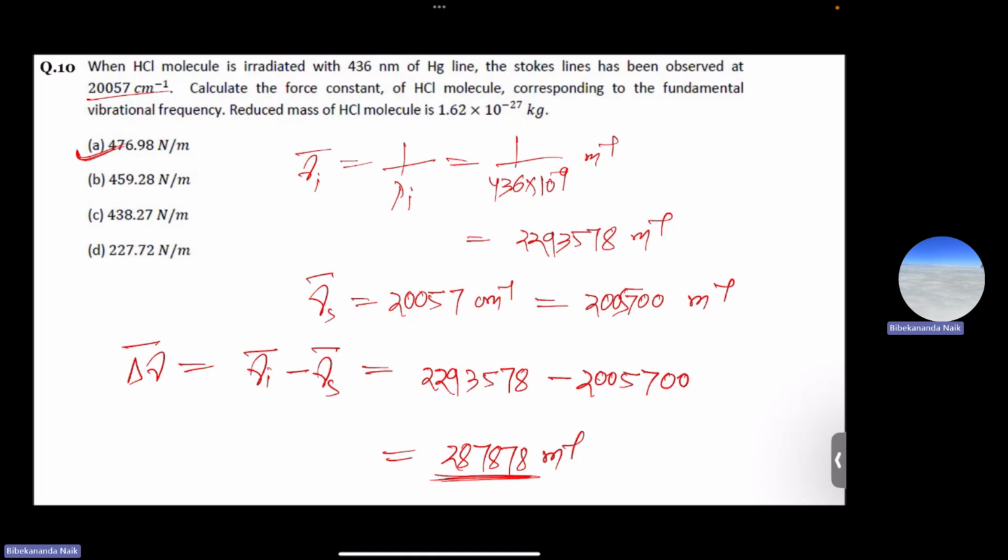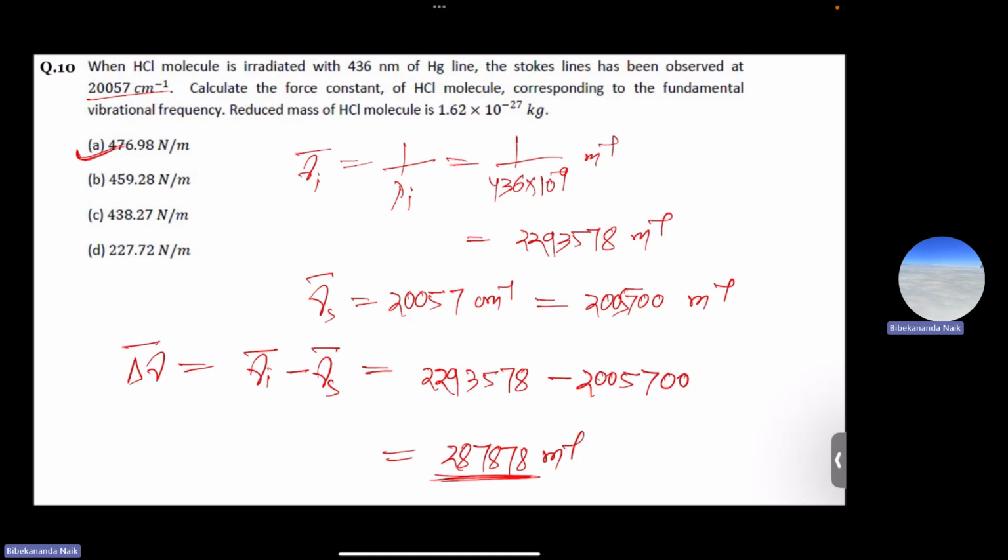Then the value of Stokes line is also given at 20057 centimeter inverse. Then we converted it into meter inverse. So from both these values, we can easily calculate the Raman shift. Then this Raman shift corresponds to the fundamental vibration, and using the value of Raman shift, we can easily calculate the fundamental vibration frequency.